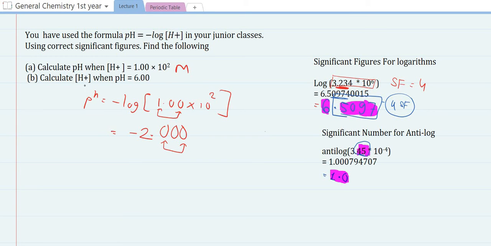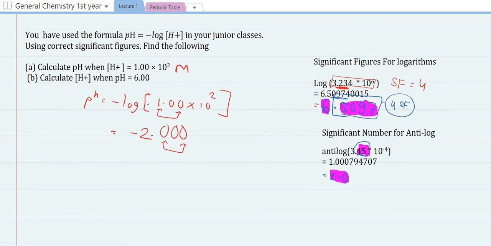Now when we calculate the concentration of H, we should do the antilog. We know that pH is equal to the negative log of something, and when we do the antilog, it is 10 raised to the power.